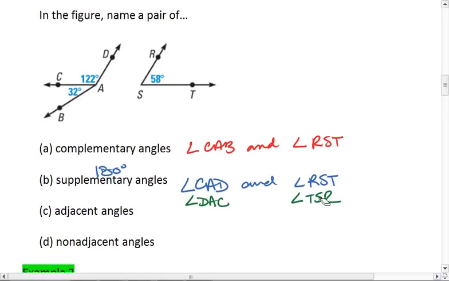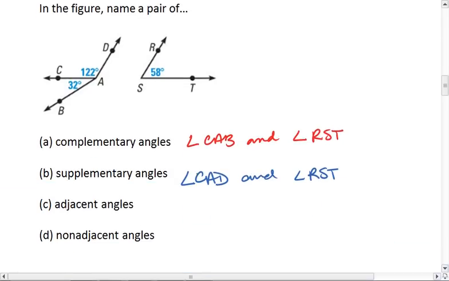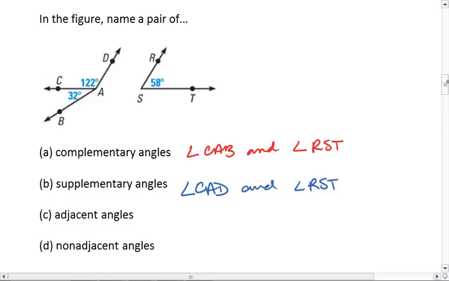All right, how about part C, our adjacent angles? Adjacent angles need to share a side and a vertex. So looking on the screen, I have a shared side here with vertex A. That means angle CAB and angle CAD are adjacent angles.